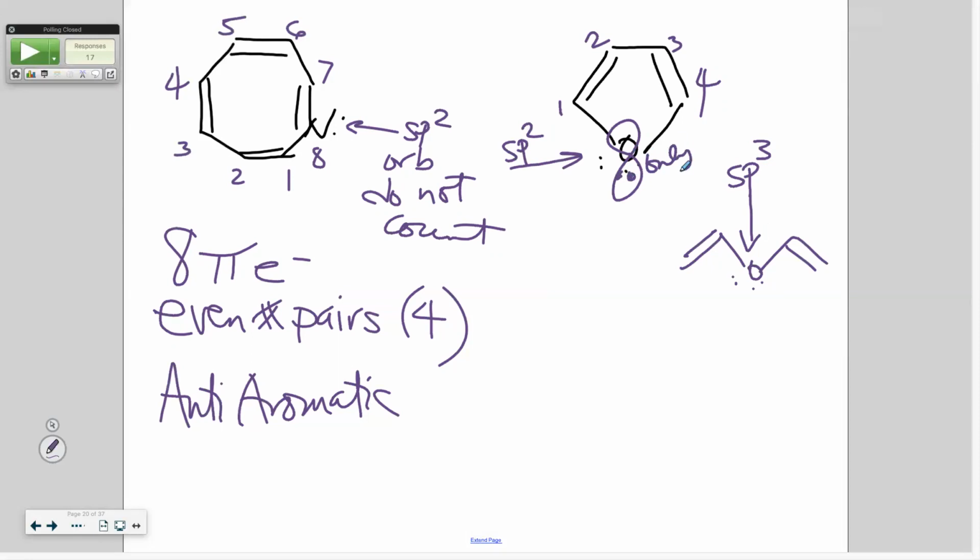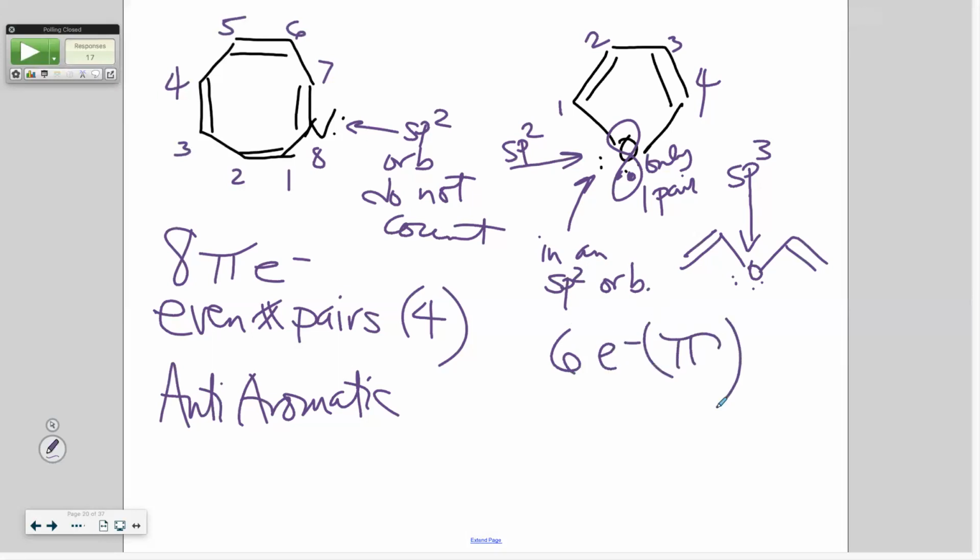Only one pair. Where will that other pair be? In an sp2 orbital. So what is our number going to be? 6. So it is aromatic. 6 pi electrons, which is 3 pairs, which is odd.